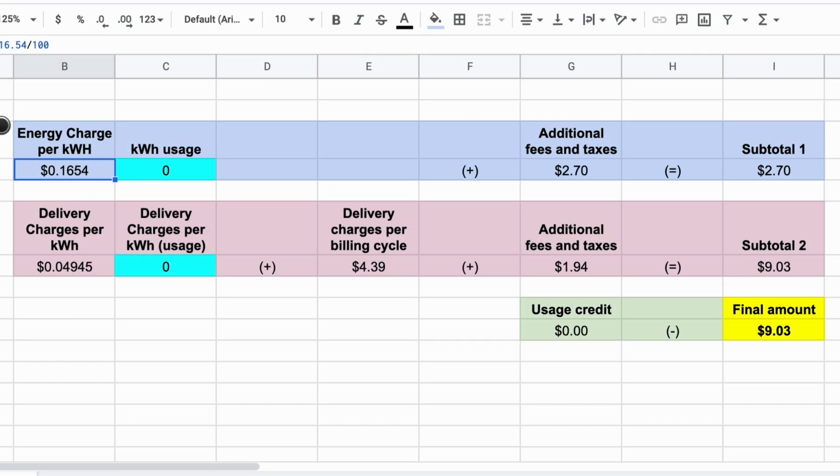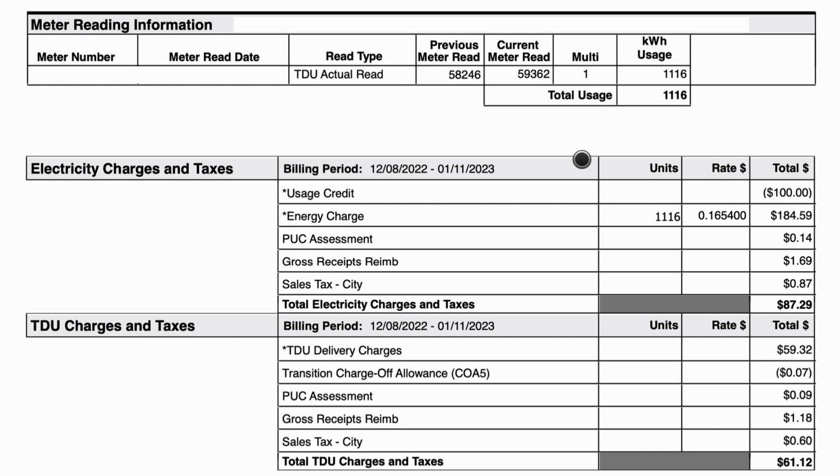Then we have to multiply this energy charge per kilowatt hour by the actual usage in kilowatt hours. In this example, you can see that the bill for this home shows a usage of 1,116 kilowatt hours.